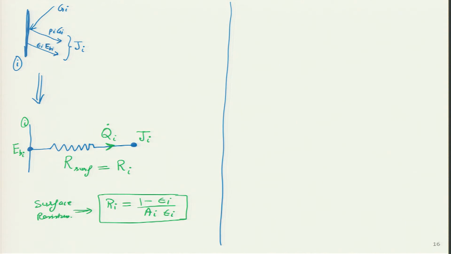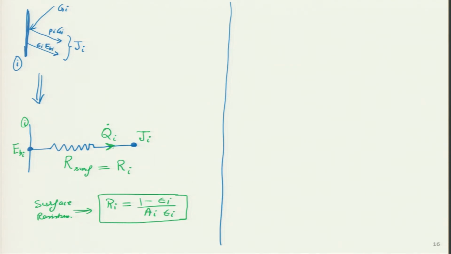Now, we are getting a very good analogy. If there is some irradiation incident on a surface, we assume that surface has a node at voltage EBI, then we put a resistance Ri in front of it. A current flows through this resistance to the next node on the right hand side, which we write as Ji.